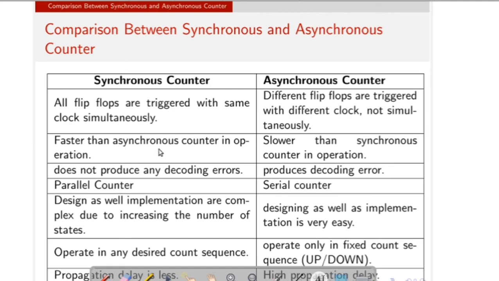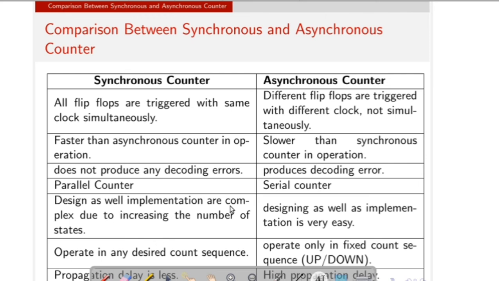Then a synchronous counter is faster than an asynchronous counter in operation, but asynchronous counters are slower than synchronous counters in operation. Then a synchronous counter does not produce any decoding errors, but in the case of an asynchronous counter, it produces some decoding errors. Then a synchronous counter is also called a parallel counter and an asynchronous counter is called a serial counter.